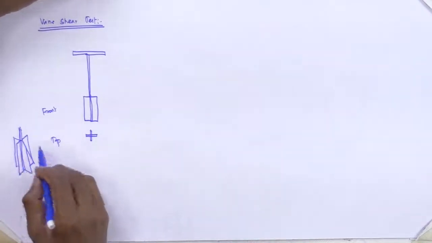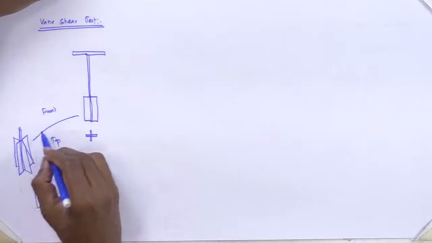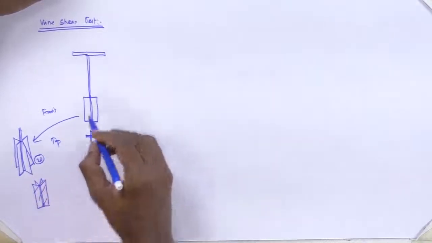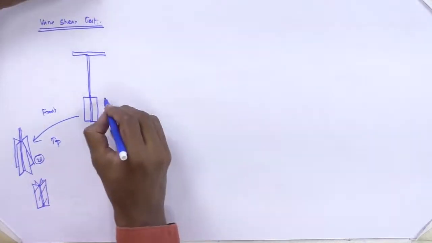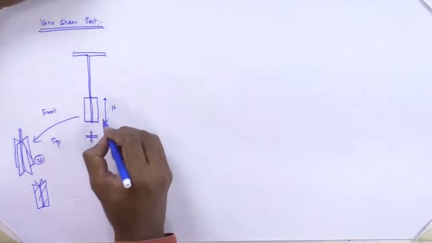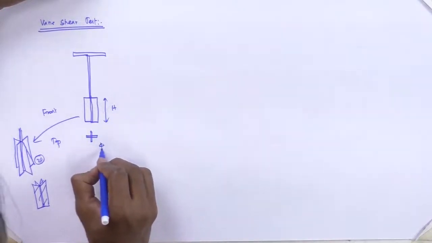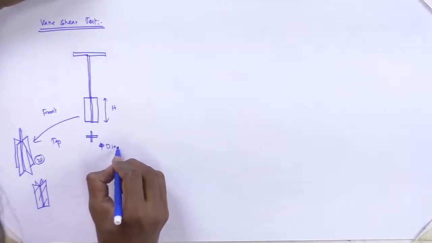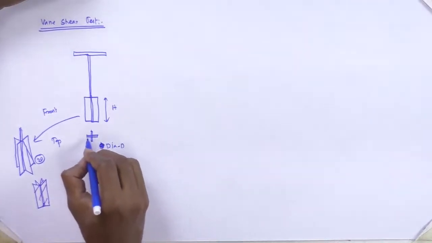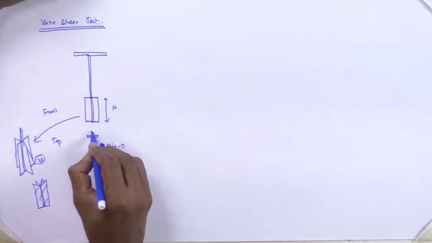This is how the vane will be. So this is the 3D view, and this is the 2D view. The vane has a height, and this is the diameter D. So this is the vane diameter D.